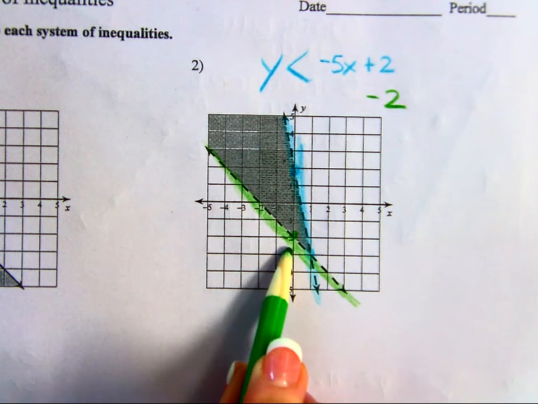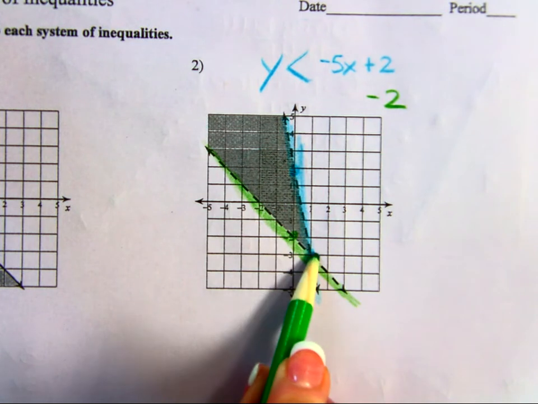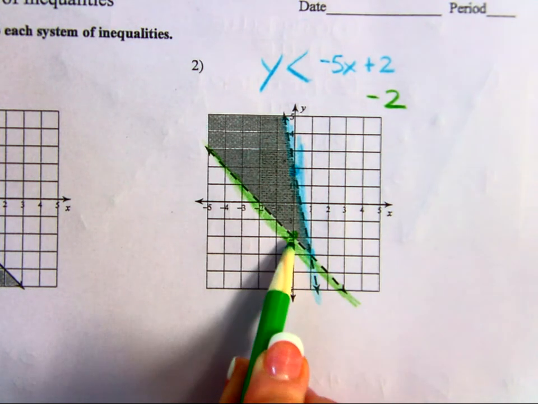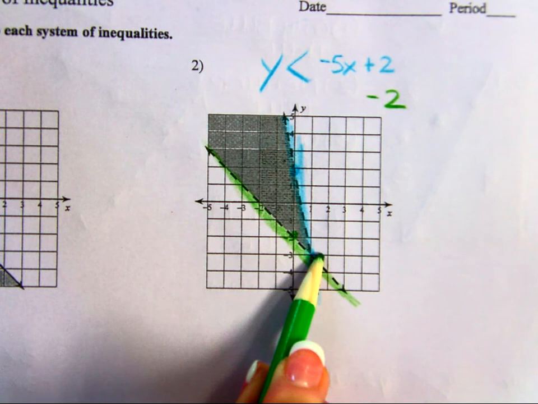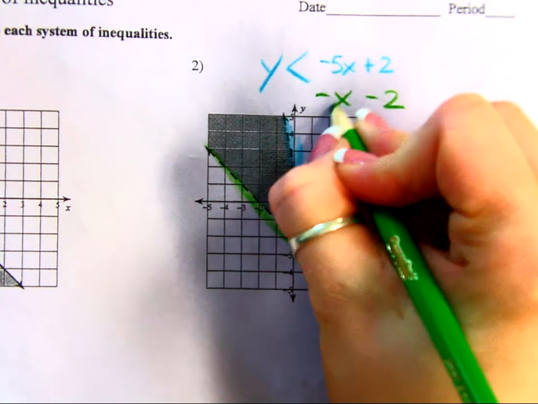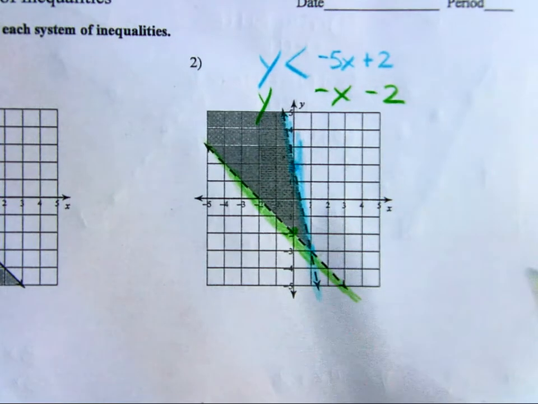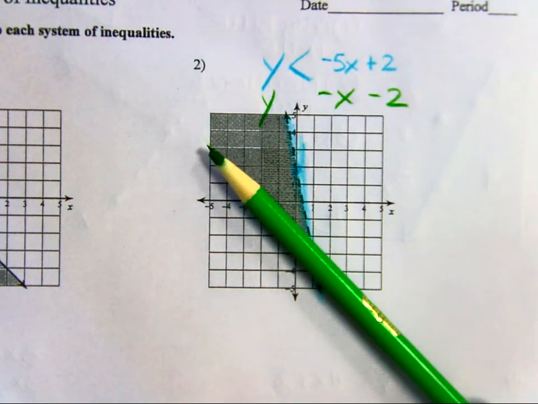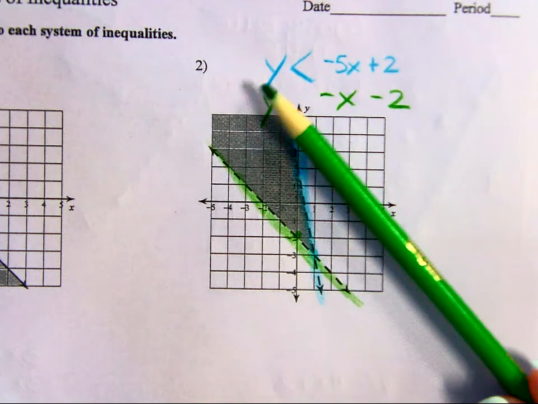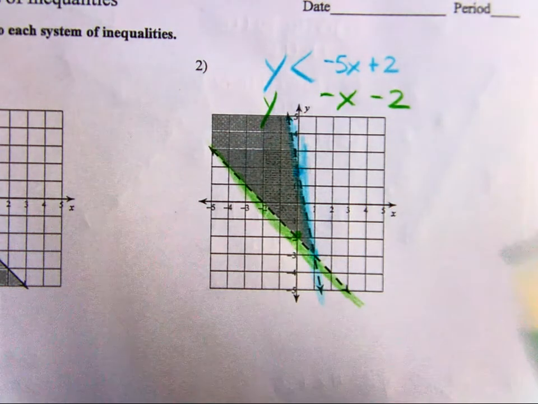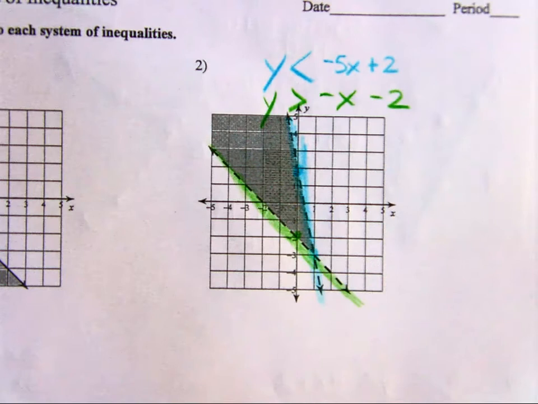Down 1, right 1. Do you see that slope is down 1, right 1? So that's -x. And then according to this green line, I'm shading it above, which is that. Got it? Okay. Let's do 4, and then we're going to be done.